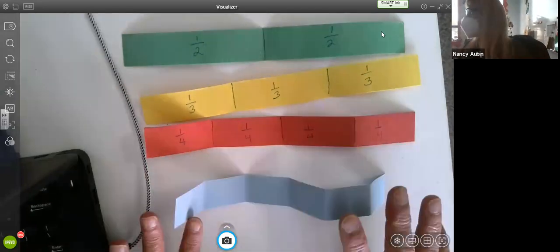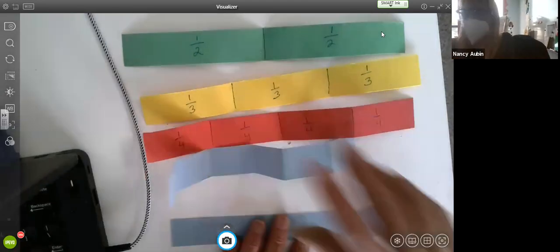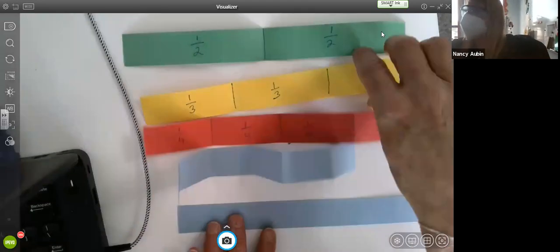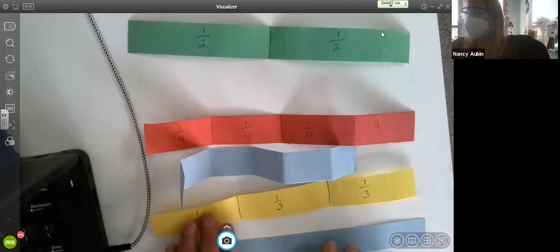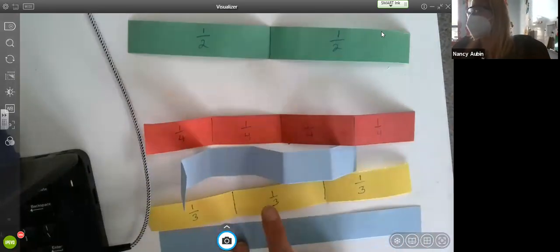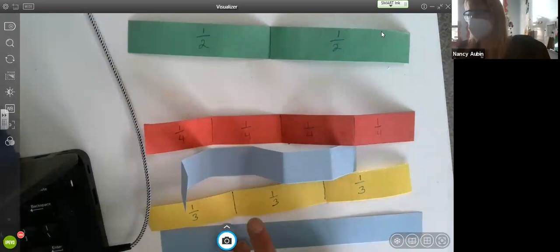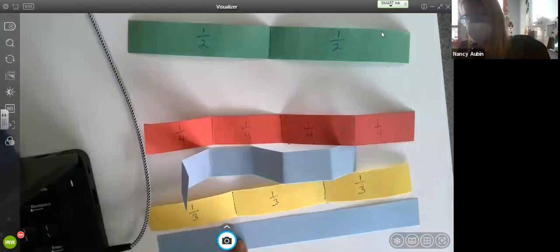Okay, we'll watch and see if this works better. I could also do it, guys, instead of having a side conversation, I want you to listen so you'll learn. I could go back to my thirds. Why would I go back to my thirds? Lila, why? Because 6 is 3 times 2, and your third is 3 threes. So she's saying 6 is 3 times 2, and my thirds are 3 threes.